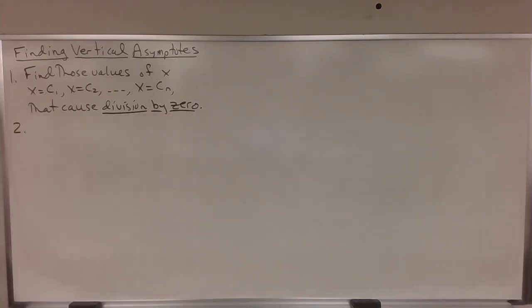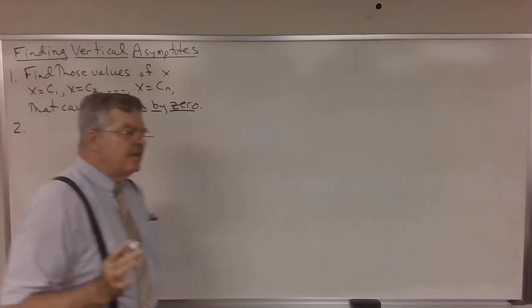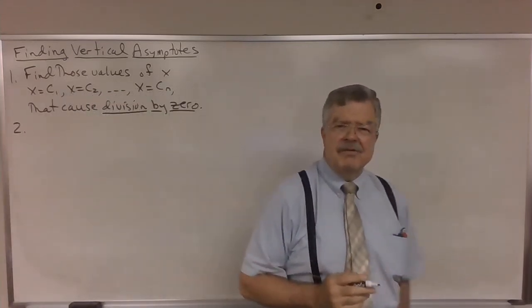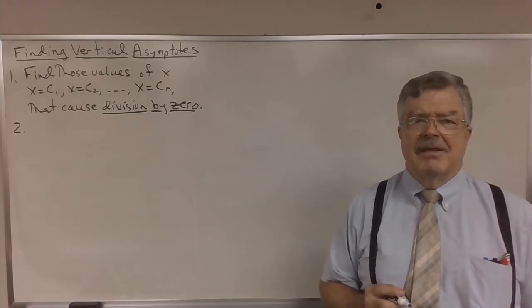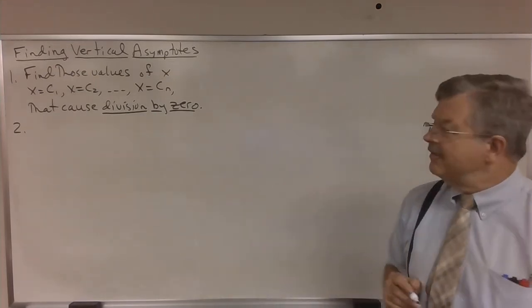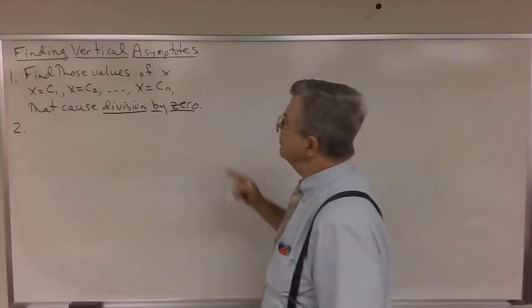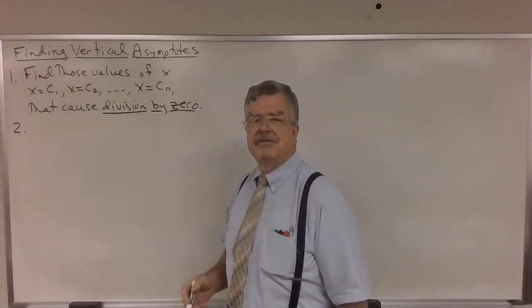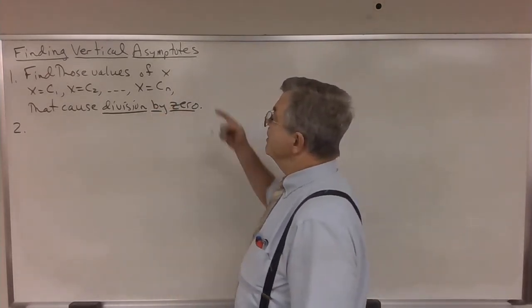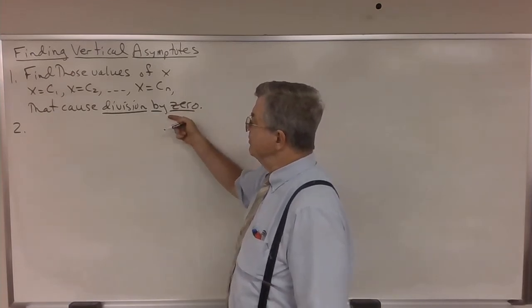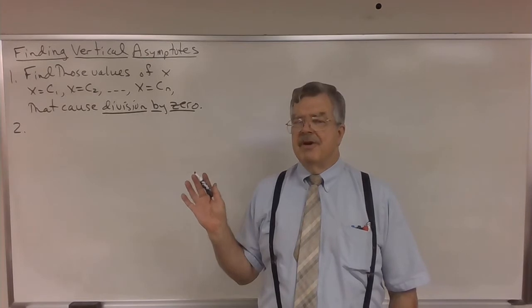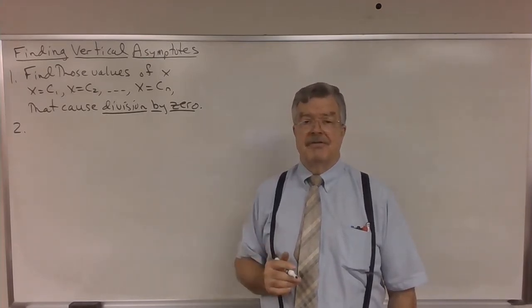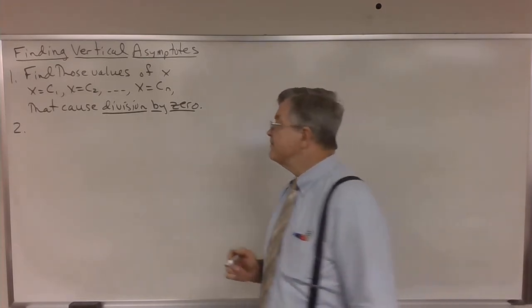So that's the first thing. We don't want to waste our time looking for vertical asymptotes where there aren't going to be any. And the only place where we're going to find vertical asymptotes are those values of x that cause division by 0. So we're going to find all these values of x that cause division by 0. And those are our possible locations for vertical asymptotes.